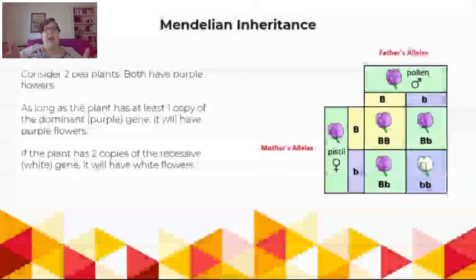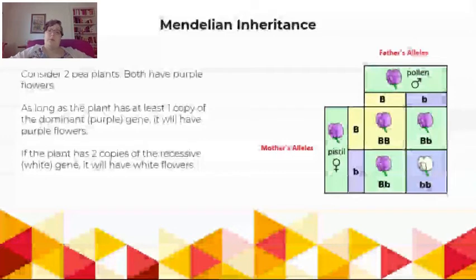From the flower then comes the fruit. So it turns out that in Mendel's garden, there were two colors of flower on his pea plants. Some of them, same species, produced purple flowers. Others, same species, produced white flowers.